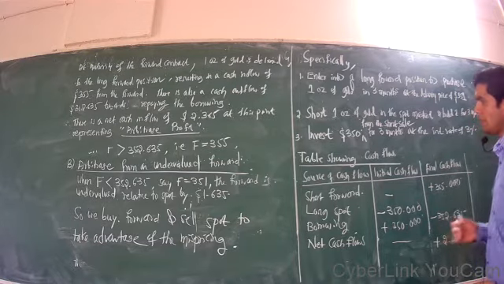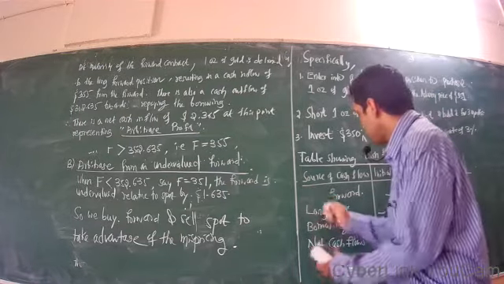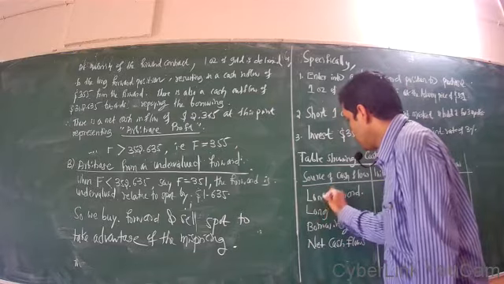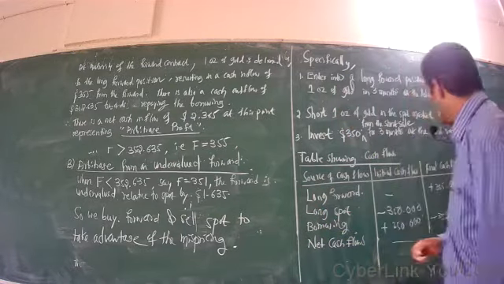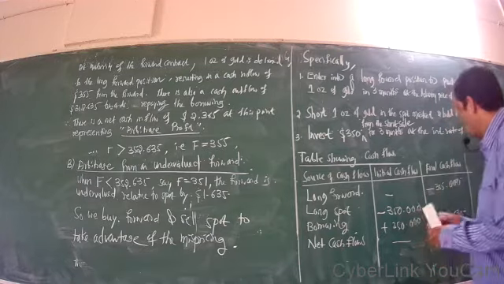Now let us see the table which shows the cash flows. So the long forward is minus 351.